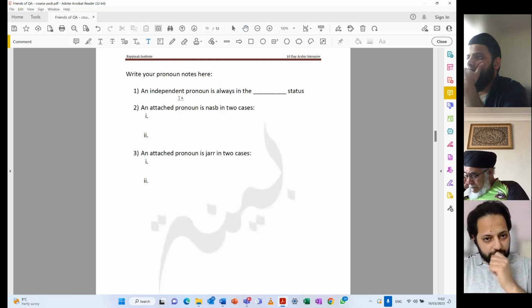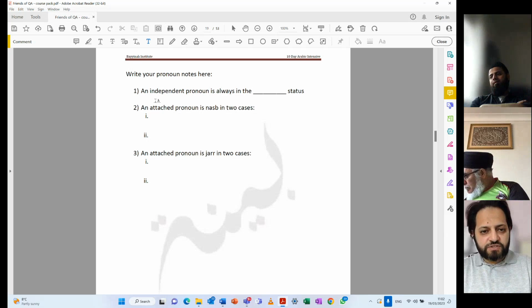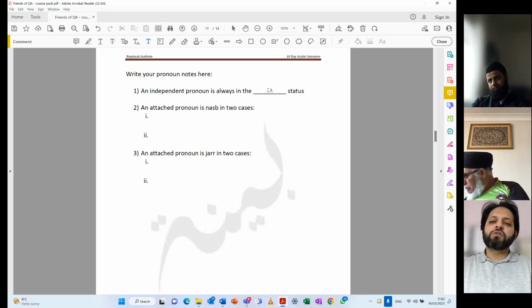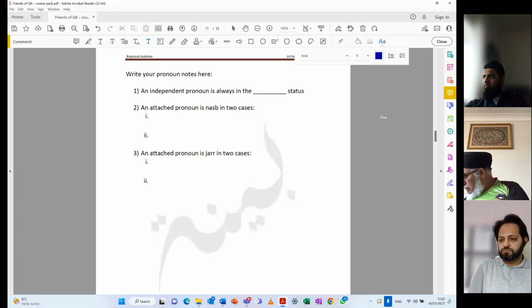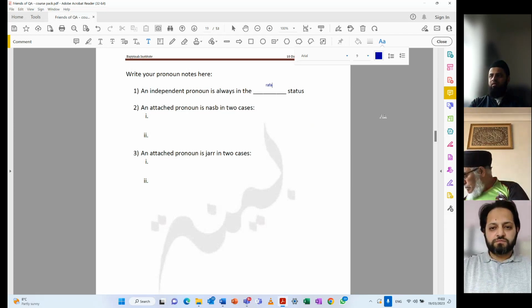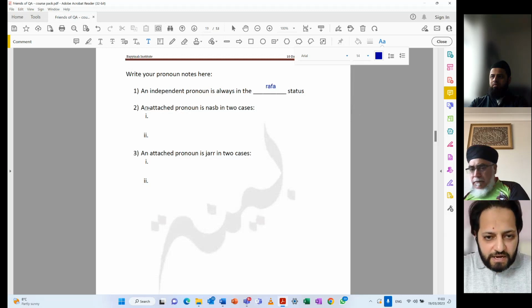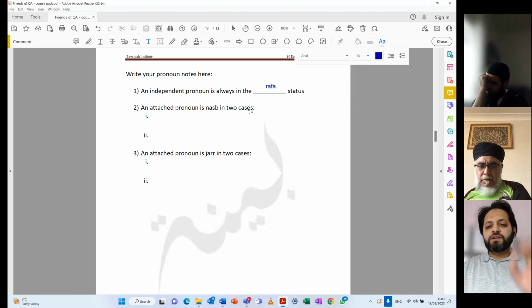Very quickly, this is about what you've already done. On this page, you're saying that an independent pronoun is always what status? You should know. Rafa. Always rafa. An attached pronoun is nasab in two cases. You don't go there right now.